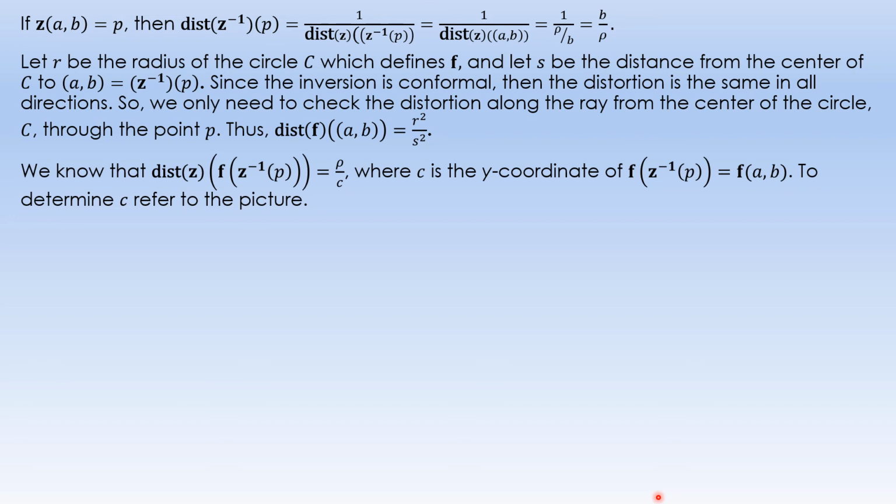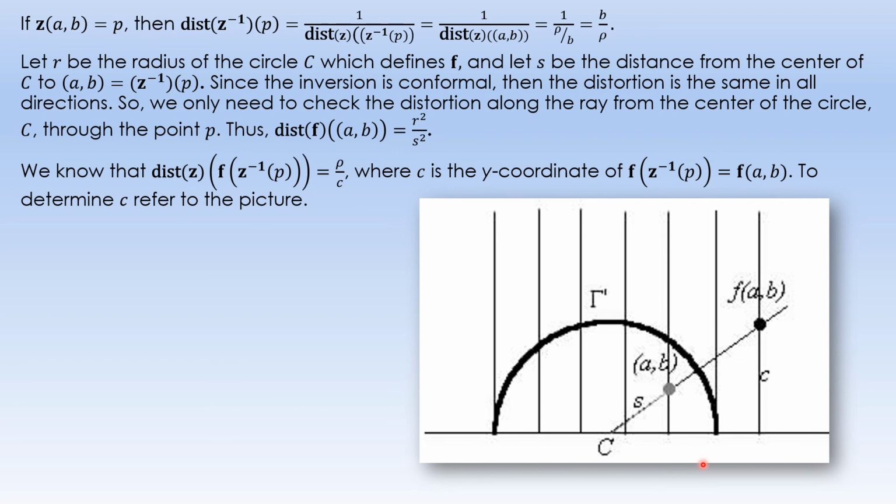We know that the distortion of z at f of z inverse of P is equal to rho over c by our lemma, where c is the y-coordinate of f of z inverse of P. But if we look at the picture, f of z inverse of P is just the point f of AB. So to determine the y value of this point, we need to find this distance c.